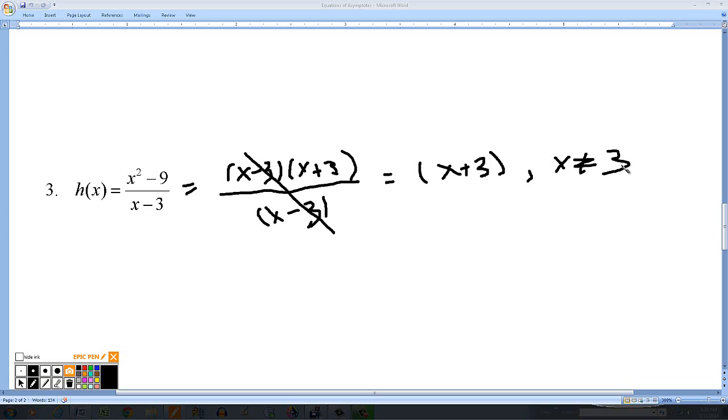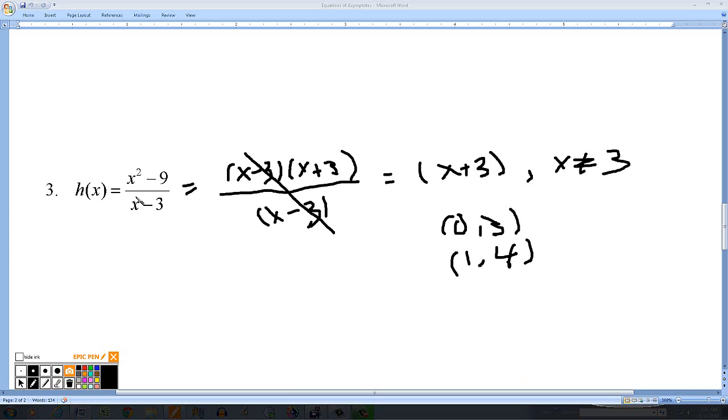X cannot be 3. So notice if I replace the x by 0, I get 3. If I replace the x by 1, I get 4. So if I were to plot those points and draw, this is a first degree function, so that's a line.